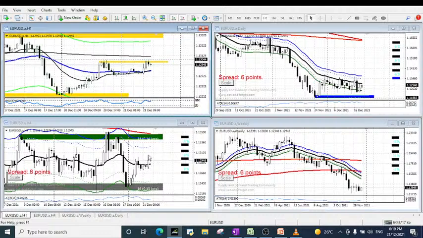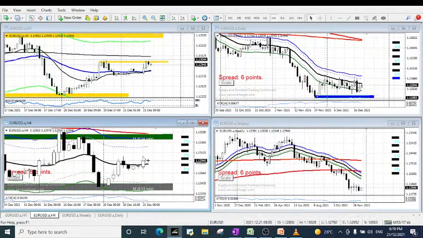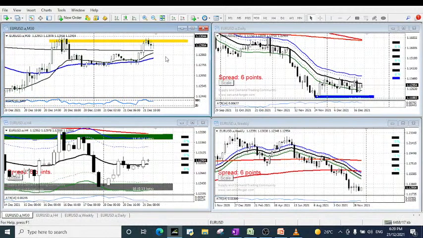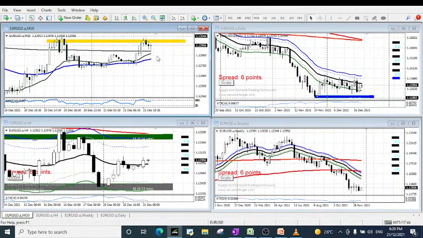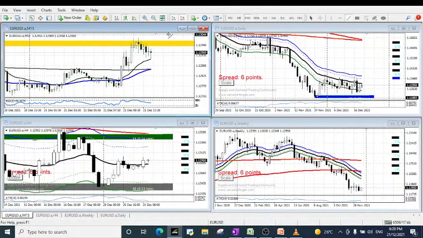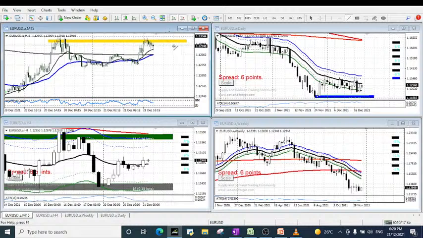So with the way the 4 hour candle closed, we are at a resistance, but given how bullish the daily candle looks and how the 4 hour candle is looking, it's a risky trade, but there is a good probability, depending on how the pullback here unfolds, that we might push up and test this area.